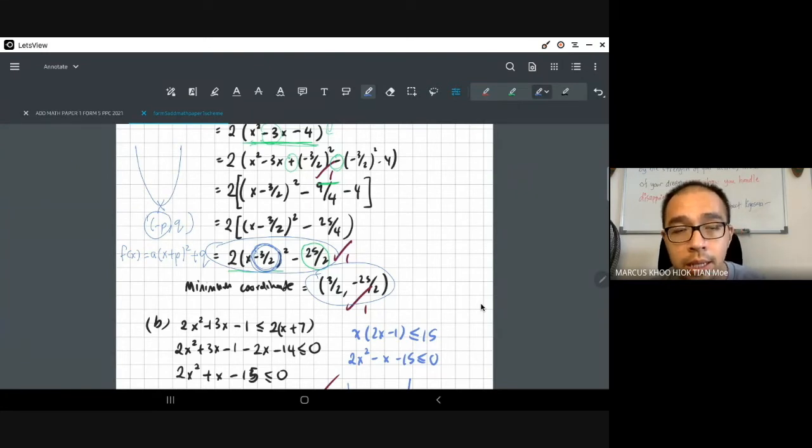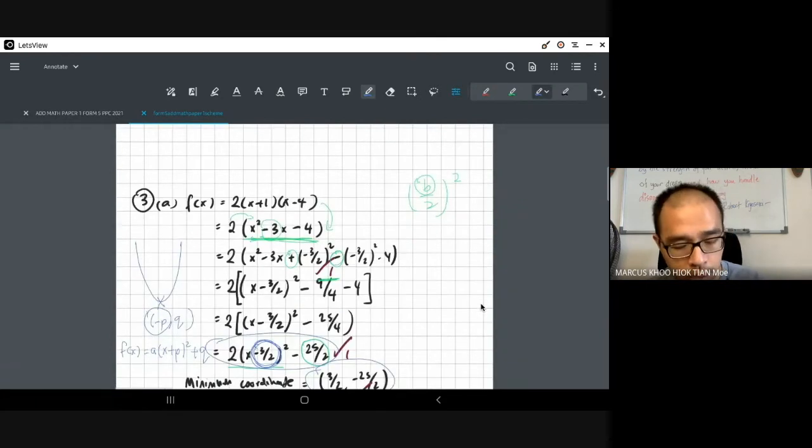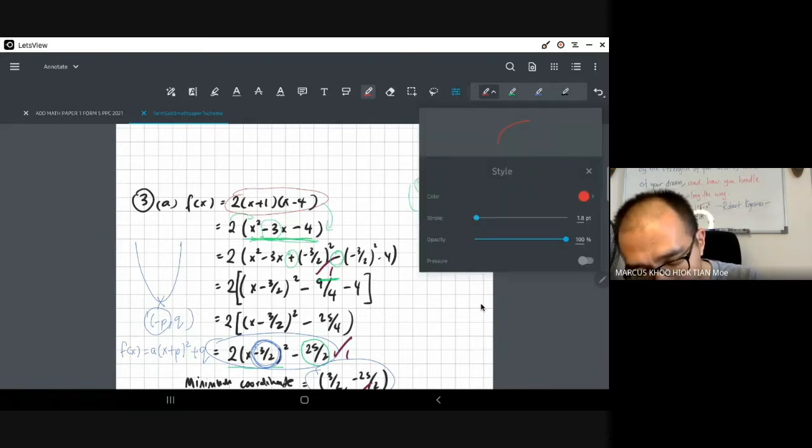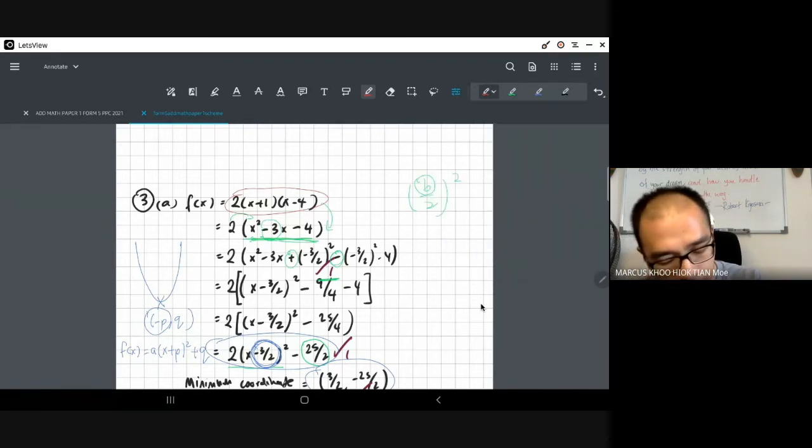Okay, I noticed that there are also some people that use an alternative method, and so let's talk about the alternative method now. This one, wonder why my pen is so thin. Kejap. Okay, so this one, okay, x plus 1 and x minus 4 tells you 2 very important things.